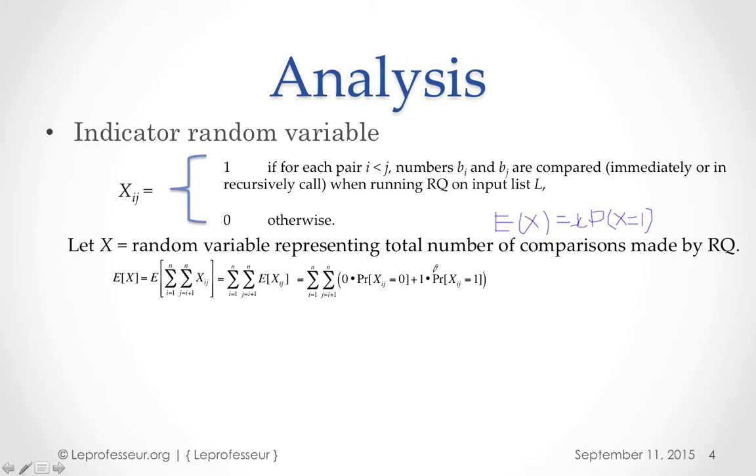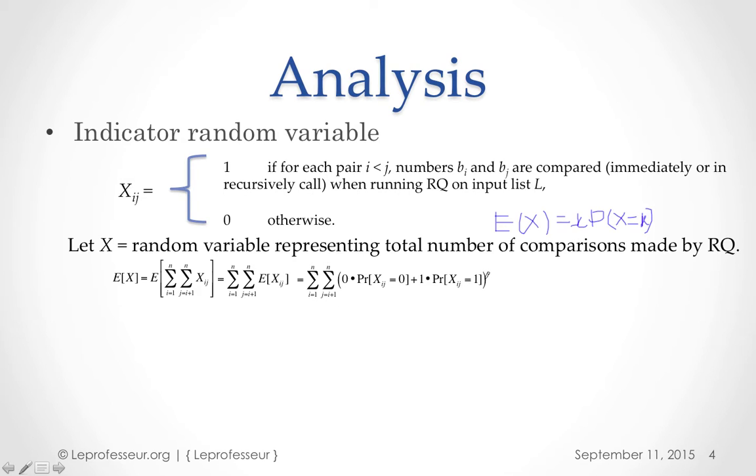So in the same way we can apply the principle here. When Xij equal to 1, what is the value the random variable Xij will take? That is 1. And then what is the probability?